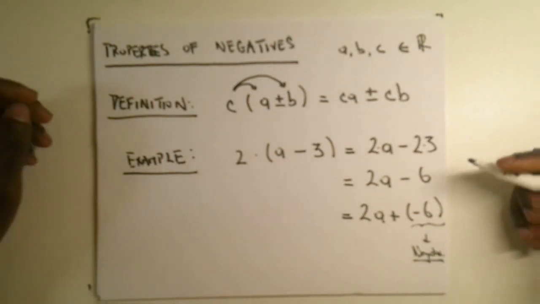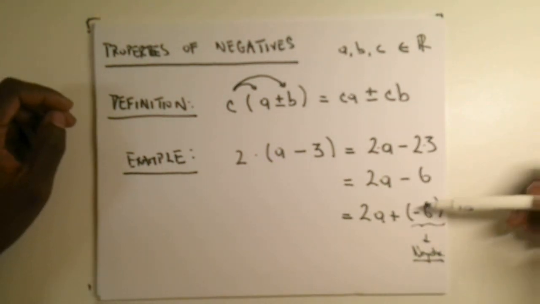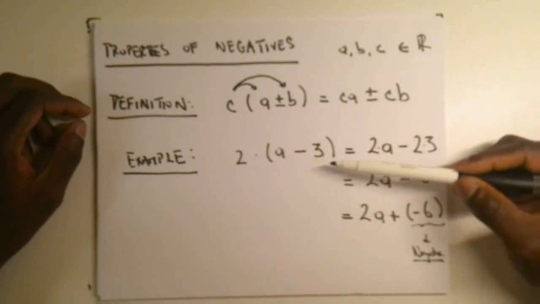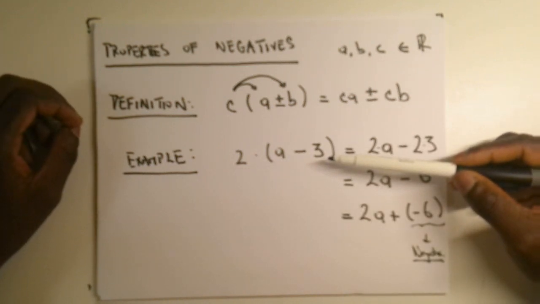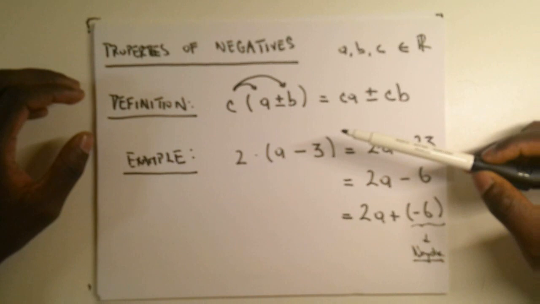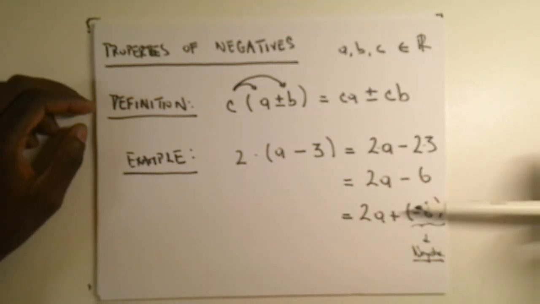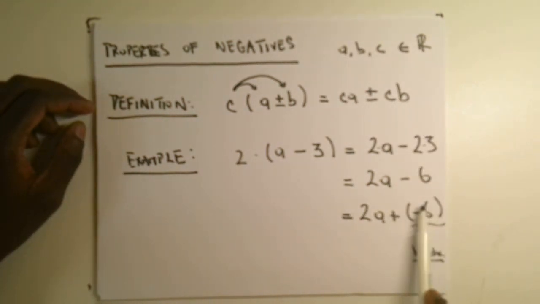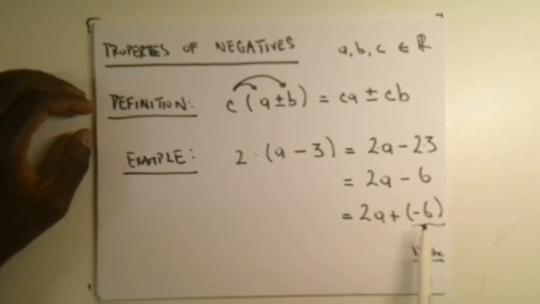Okay, so this gives me a way of talking about the negative that's happening inside of this operation. So it gives me a little bit more clarity to describe how negatives can be captured, right?